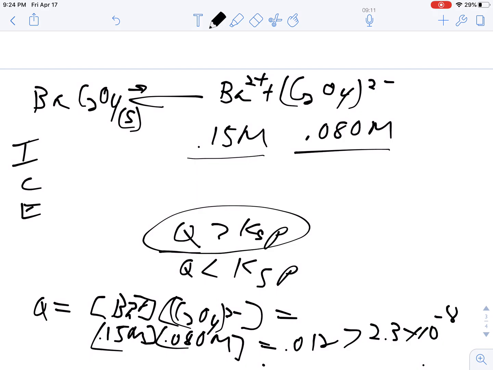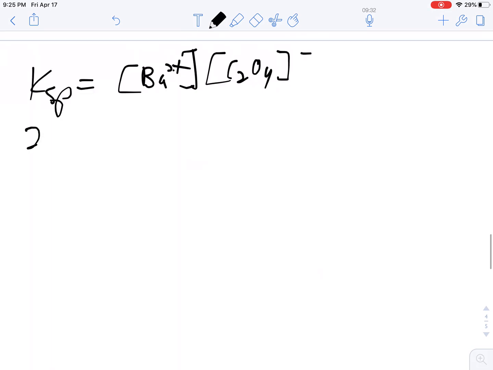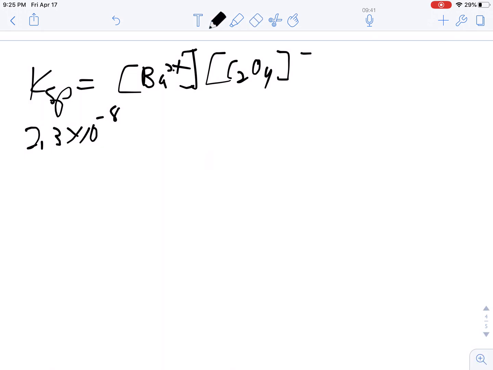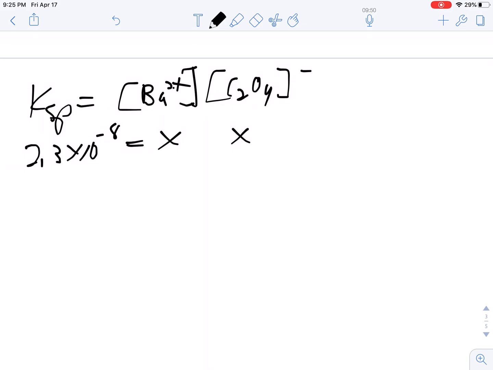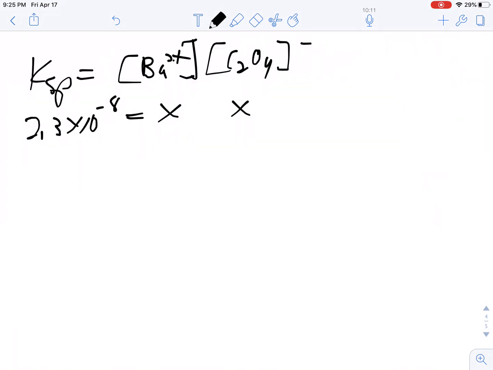And so the maximum amount that would be dissolved will be, according to this, the KSP is 2.3 times 10 to the negative 8th. So I'm going to solve for x.